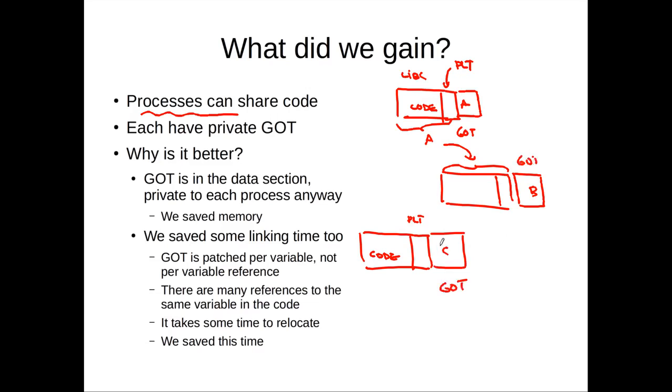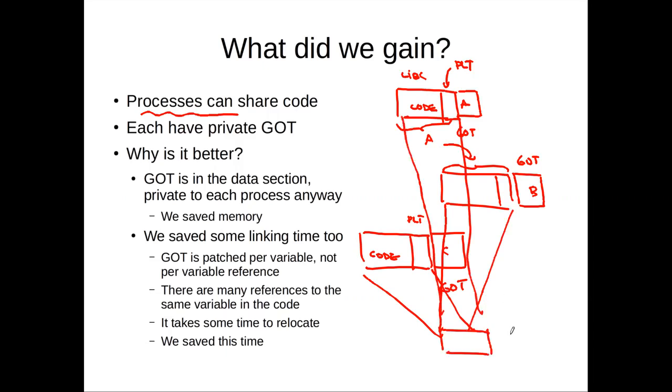In practice, all these three memories of this large code section are backed by one physical memory. So only the memory for the GOT is wasted per process. P1 will have some GOT, P2 will have some GOT, and P3 will have some GOT. But remember, I told you that global data sections are not large.